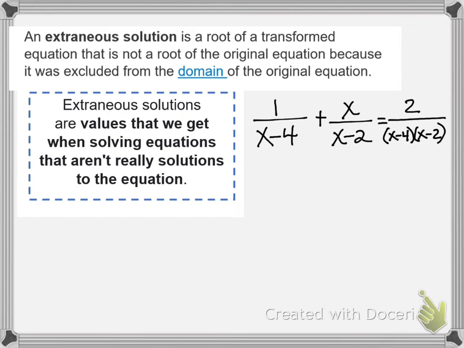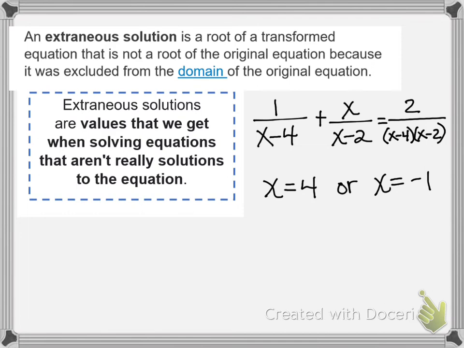And we got 2 possible solutions. Those 2 possible solutions were x equals 4 or x equals negative 1. Now, you could just plug both of those in everywhere you see x one at a time and check and see if they balance the equation. But at this point, we're just going to check to see if either of those violate the domain.